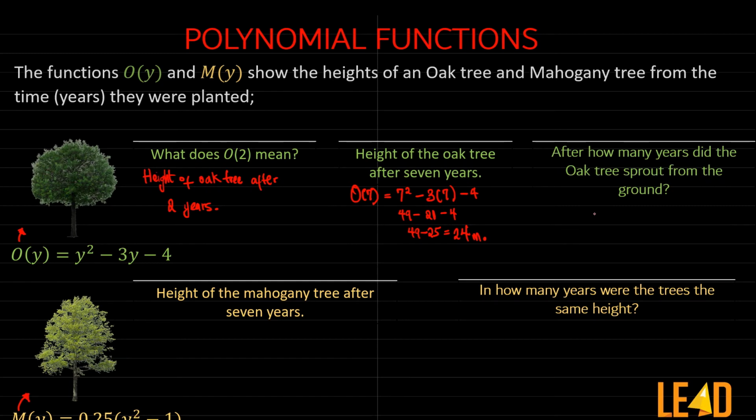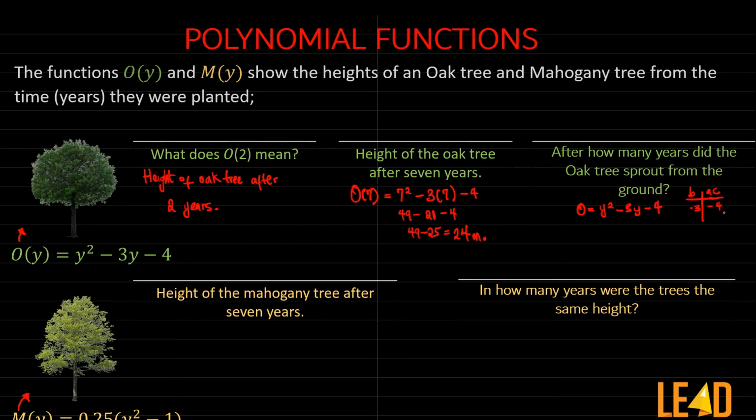So that means that basically O is 0, or the height is 0, and we're looking for the year, right? What y would be? That would be 0 is equal to y squared minus 3y minus 4. We can solve this using factorization. Let me do my b and ac. My ac is minus 4, my b is negative 3.